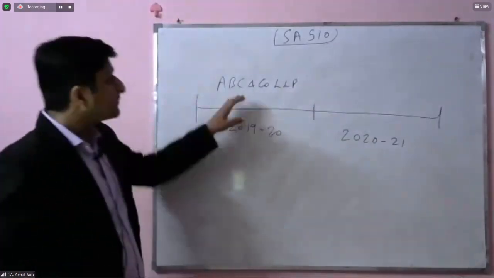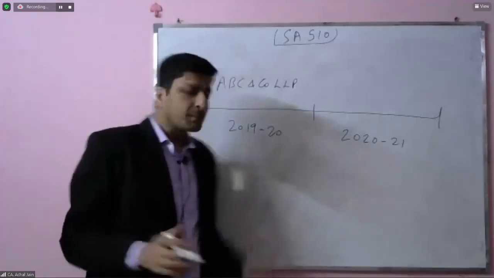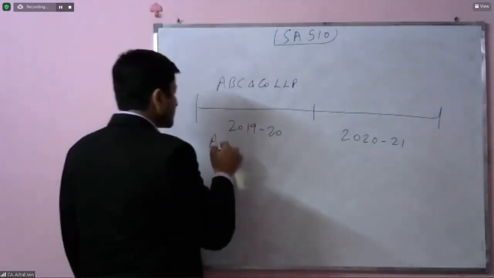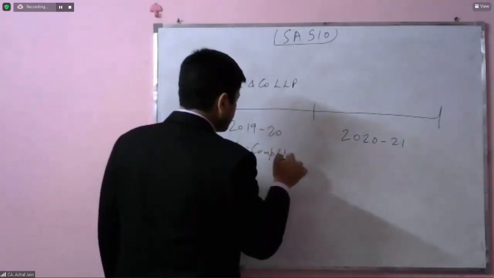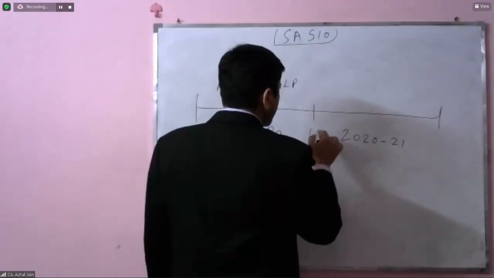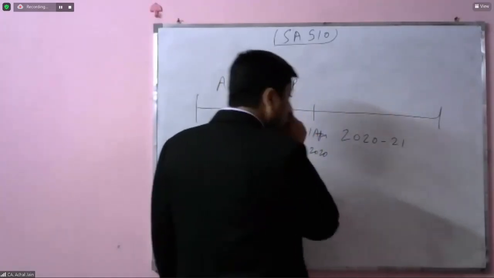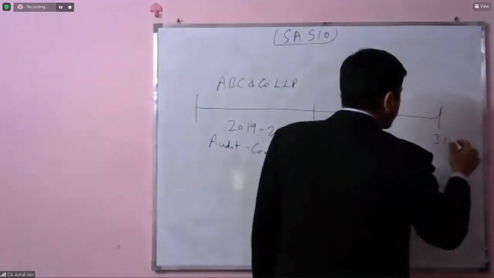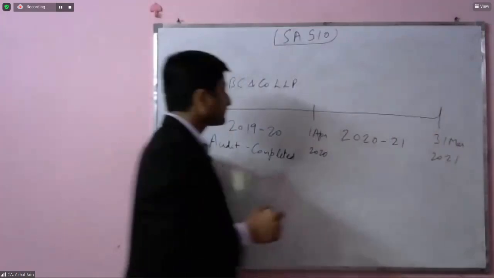So this firm was the auditor for this financial year, and this audit is completed. And we are moving on to 1st April 2020. This is 31st March 2021.